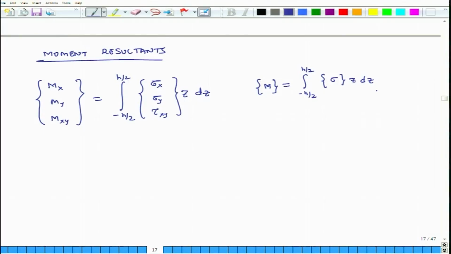This is just a short form, it takes less space, that is all.